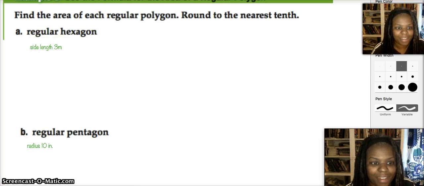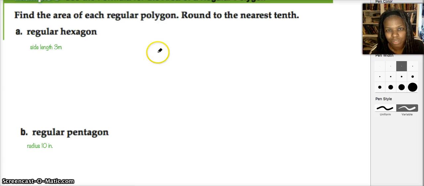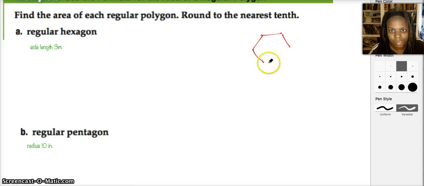So here's what we got. We're looking at a regular hexagon, and the regular hexagon has a side length of 3. I'm going to try to draw it, but do I have to? Okay, I'll draw it. So if I draw the hexagon as best I can, I know that I'm dealing with these 6 triangles, right?